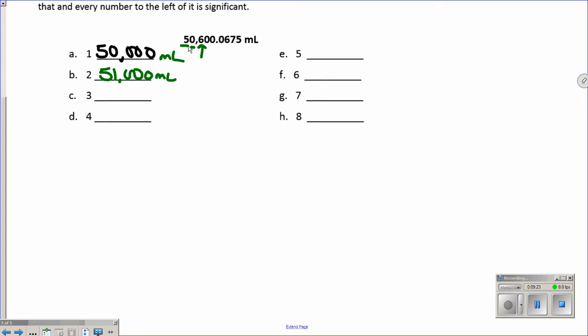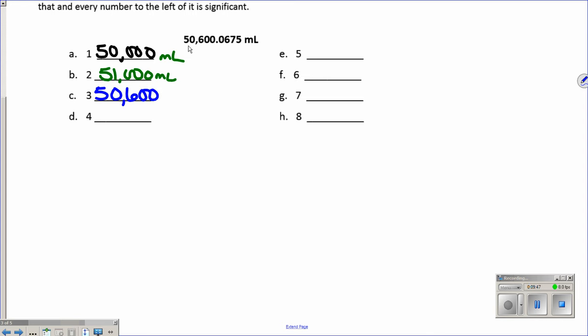And remember that we should leave the decimal place off. If we add a decimal place to that, we're now making those zeros significant, and we don't want to do that. To 3 significant digits, keep the 5, keep the 0, keep the 6, and keep 2 zeros, 50,600.